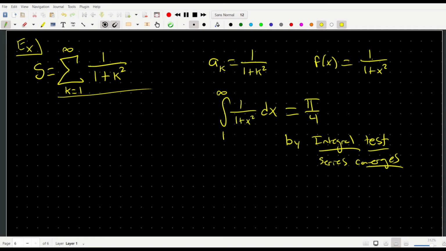Just because it converges, though, we do not necessarily know what it converges to. The integral test just tells us that because this improper integral converges, the infinite series must also converge. However, we can use our remainder theorem, and in this case, the remainder theorem is going to give us the following.